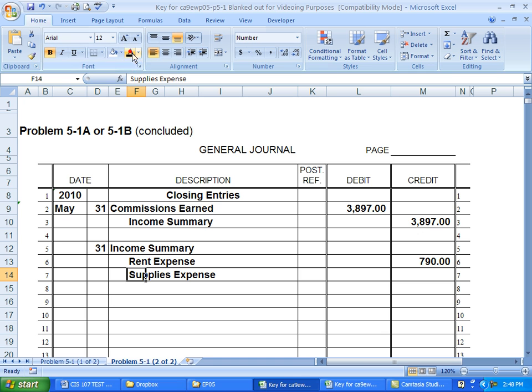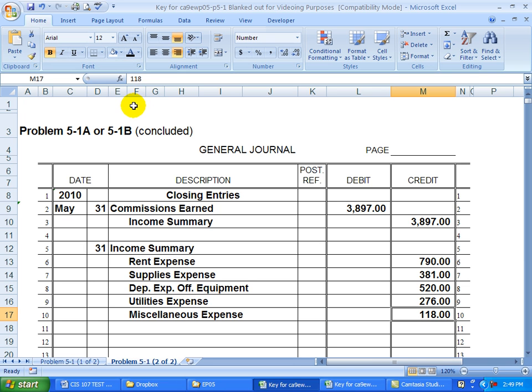We're going to credit supplies expense for $381, which will make it go down to zero. We're going to credit the depreciation expense, office equipment, for $520. We're going to close utilities expense by crediting it for its balance of $276. And last, we're going to credit miscellaneous expense for its balance of $118.